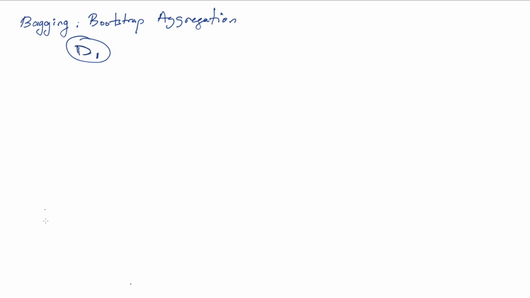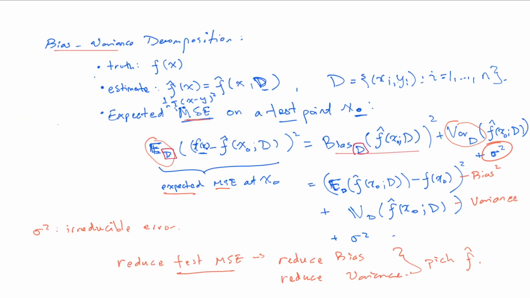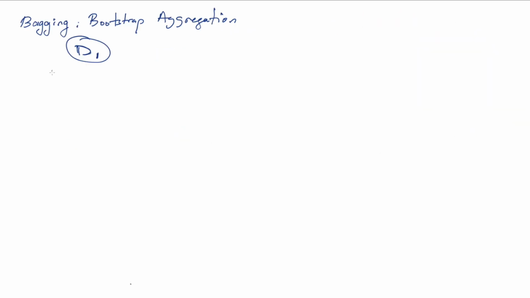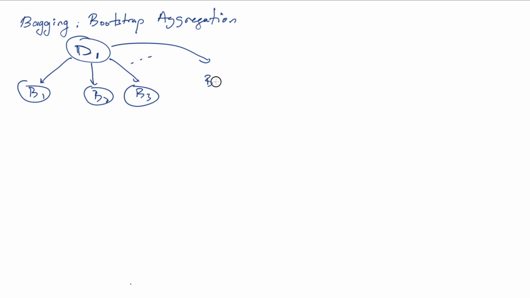We don't have the black box, right? So we can't actually build multiple data sets. But we can try to replicate this process. So we have one data set, we look at samples, and we're calling them B1, B2, B3, and let's say Bn. And let me just explain what Bi is.